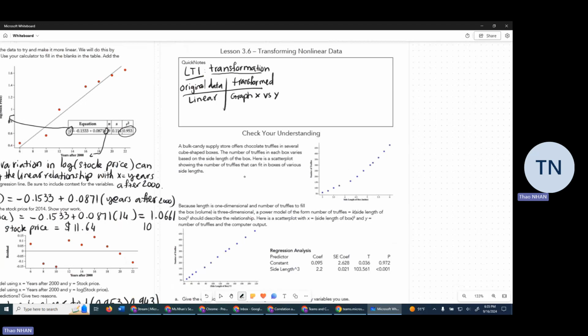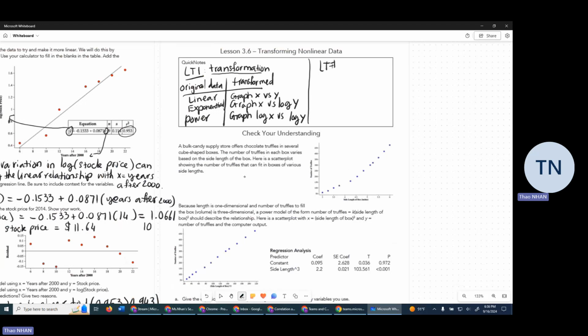If it's exponential, which is what we did over here, you graph your x versus your log y. For the power model, you graph your log of x versus your log of y. You're going to do both of them, log x and log y.